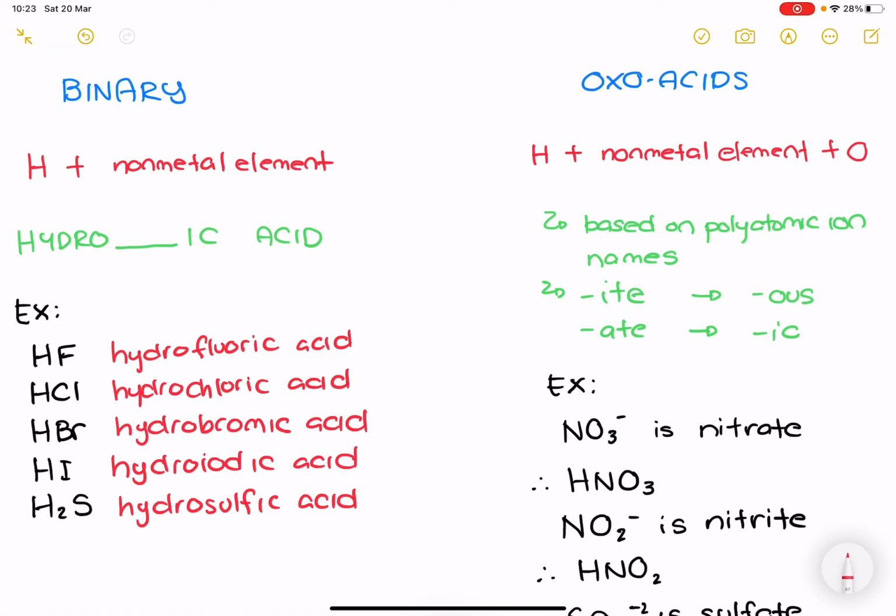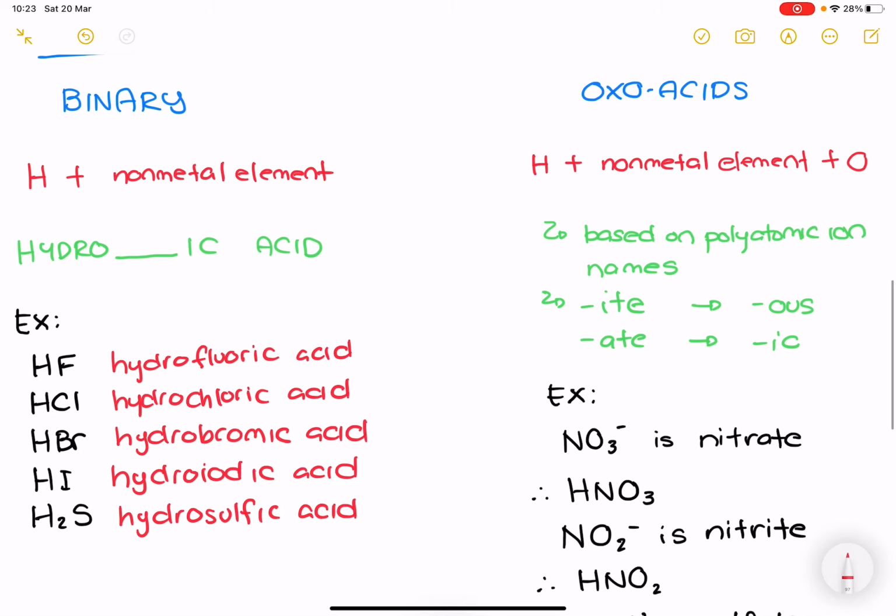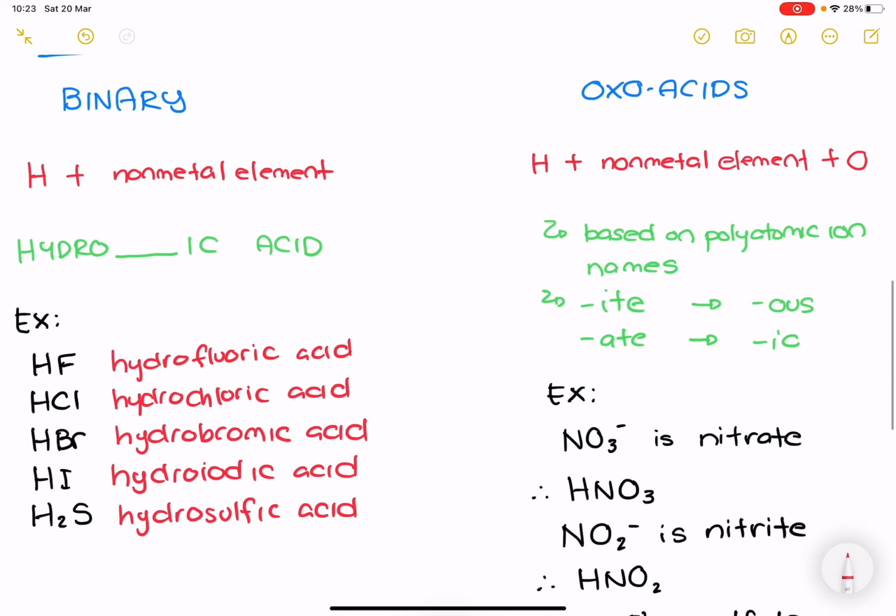Now the other group of acids, we call them oxo. They are made up of hydrogen, a non-metal element, and oxygen. Now, naming oxo acids could be tricky because they are based on the names of the polyatomic ions. So you have to somehow remember the names of these polyatomic ions.